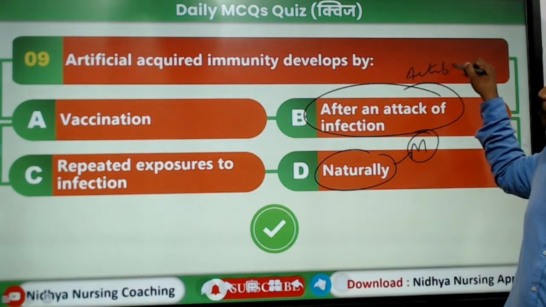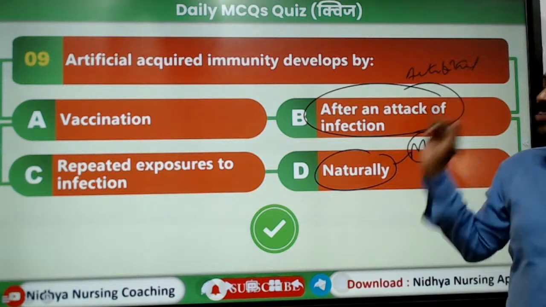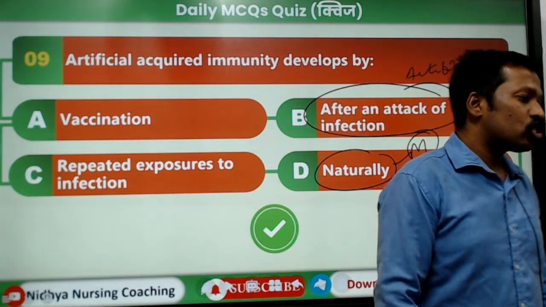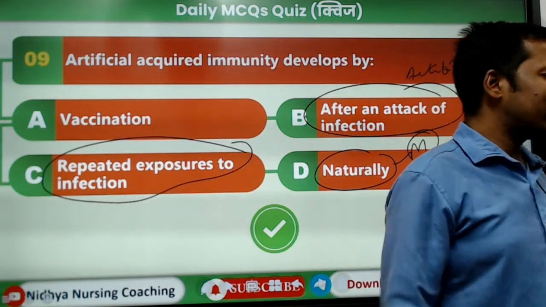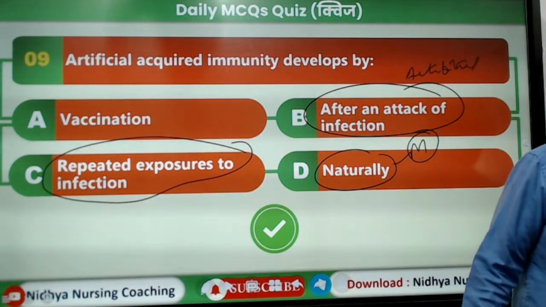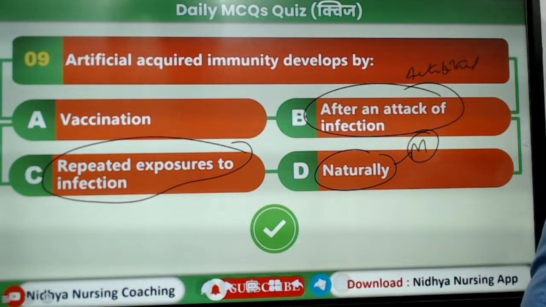Artificial, after an attack of infection. So repeated exposure to infection, what is that?